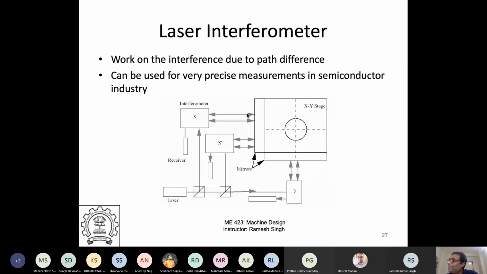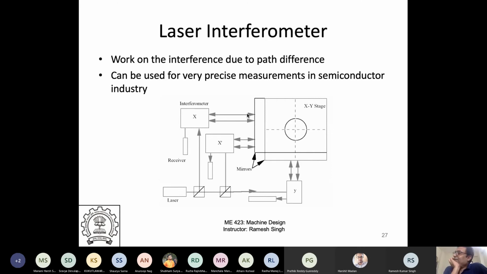When does constructive interference take place? What should the phase difference be between them? Tell me. N lambda, and destructive? Very good.